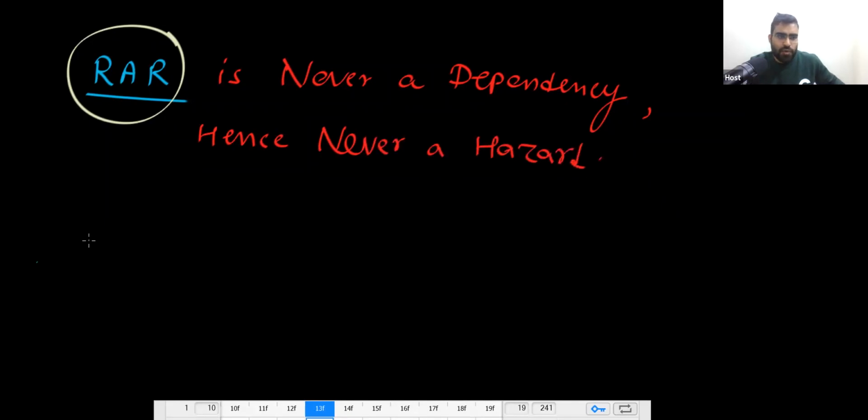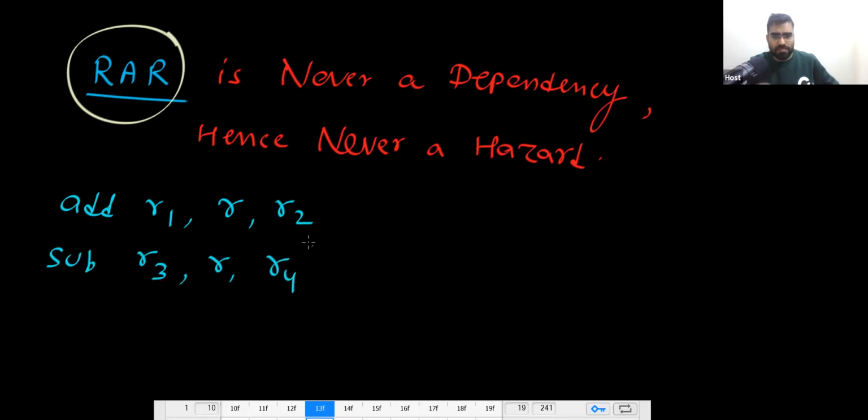For example, if I give you a read, and add R1 R2, and another is subtract, and in this you have, let's assume, R3 R4. Now you tell me, is there any dependency between these two instructions?